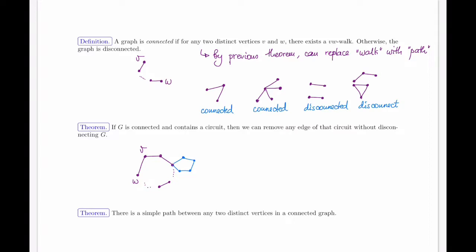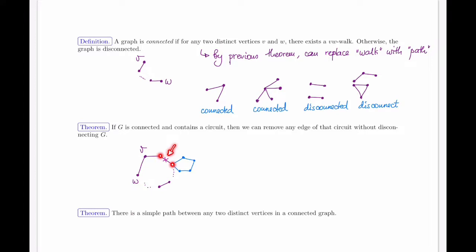Okay, so what if I cut out this edge? Is my graph still connected? Am I able to get from any vertex to any other vertex? Sure. The vertices in here are obviously still all connected. It only looks like I might have a problem getting from, let's say, this vertex to this one, because the direct connection between them has been severed.